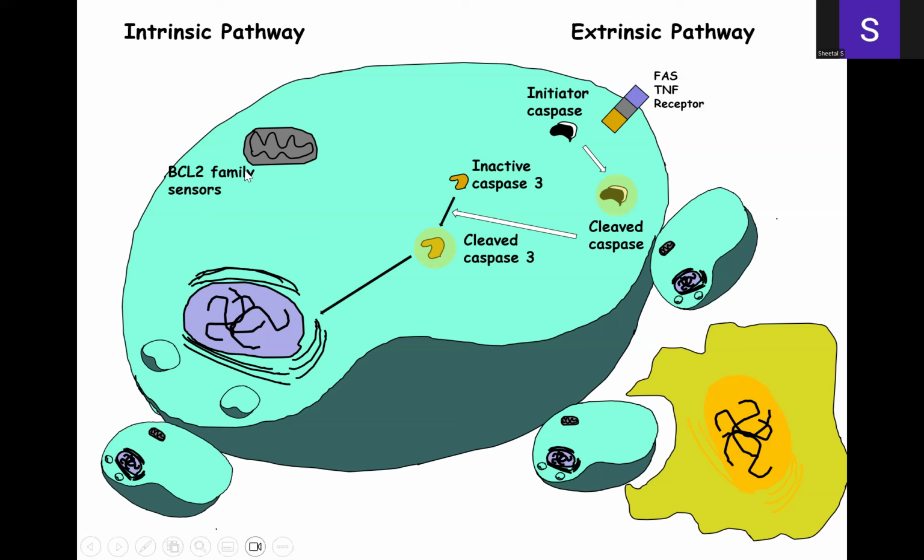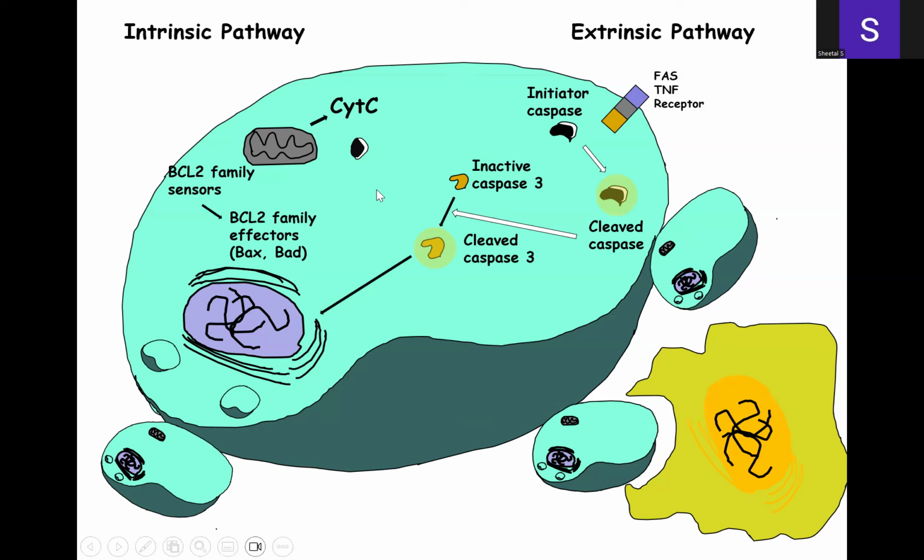Then we have the BCL2 family effectors, such as the BAX and the BAD proteins, that can poke holes in the mitochondria and will lead to release of cytochrome c into the cytosol.